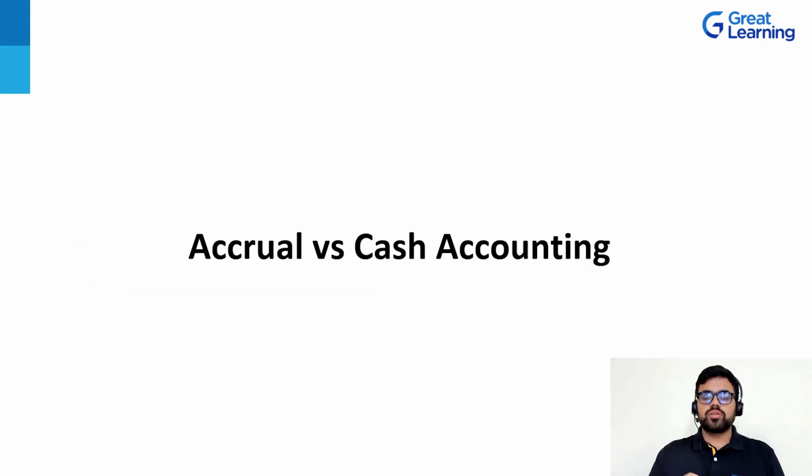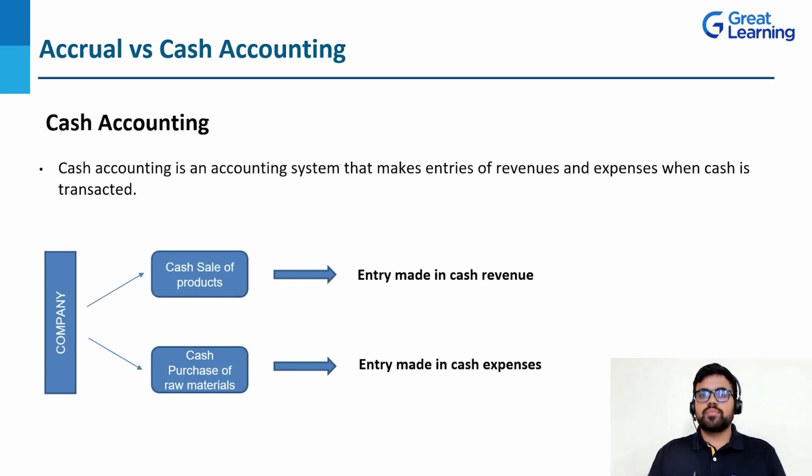Next, we'll be talking about the two methods of recording transactions, that is accrual based accounting and cash based accounting. Now we'll know the difference between the two going forward. So first we'll start with cash accounting. Cash accounting is a method of recording transactions in which the entries are made only when the cash has exchanged hands between two parties. So the revenue is entered and the expense is noted only and only when the cash has been received or paid out.